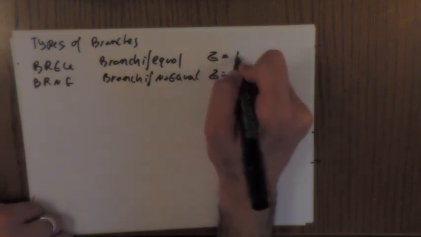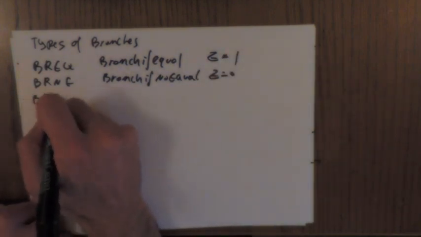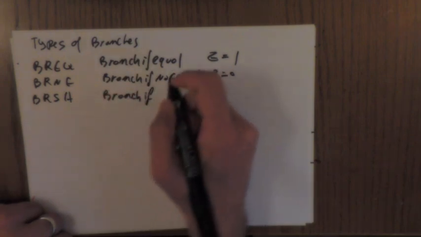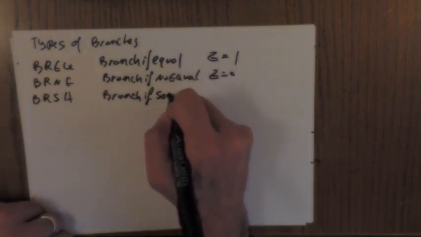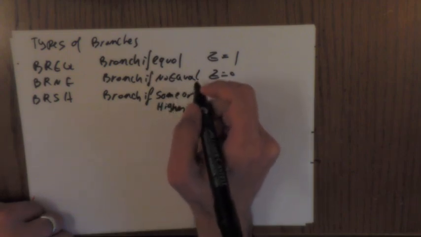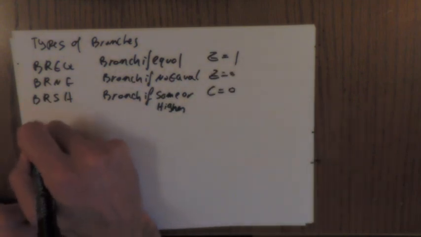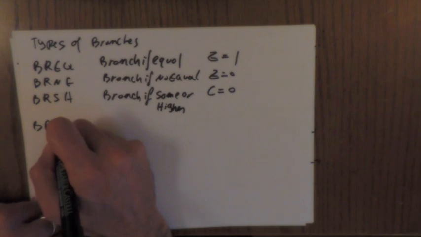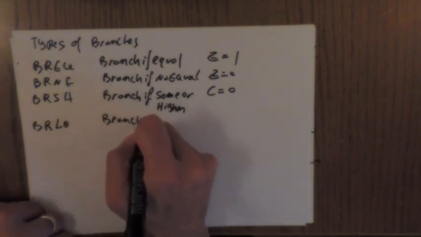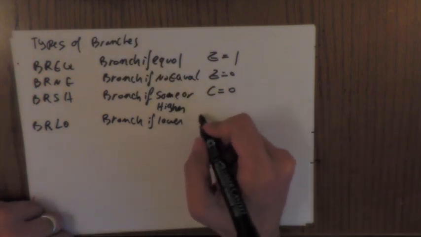We have BRSH, which is branch if same or higher. This condition happens when C is equal to 0. BRLO, which is branch if lower. This happens when C is equal to 1.